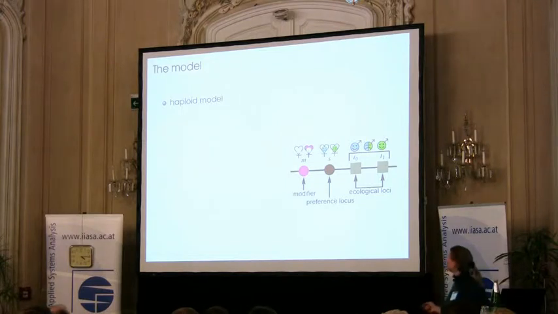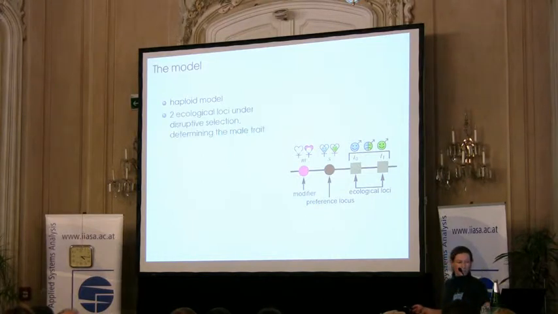For reinforcement to work we need disruptive selection on intermediate phenotypes, so for our haploid model we use 2 ecological loci which determine a male trait that is under disruptive selection. So we have 3 different phenotypes produced by 2 loci, and the intermediate phenotype suffers from disruptive viability selection, and this is only on the male, working on the male trait.